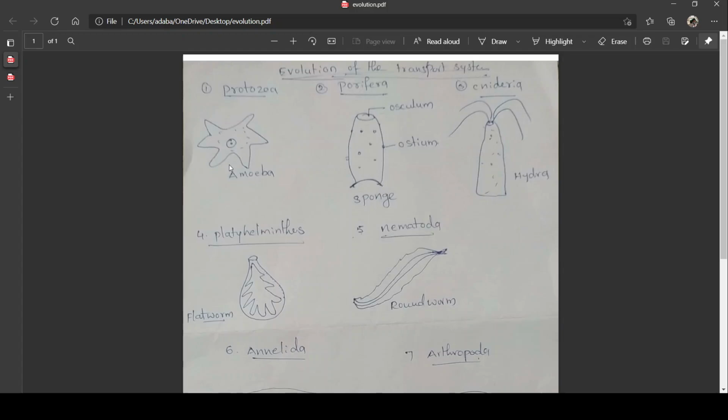It is the simple intracellular transportation system, present in unicellular organisms. Not only unicellular organisms but also multicellular organisms, including human beings.